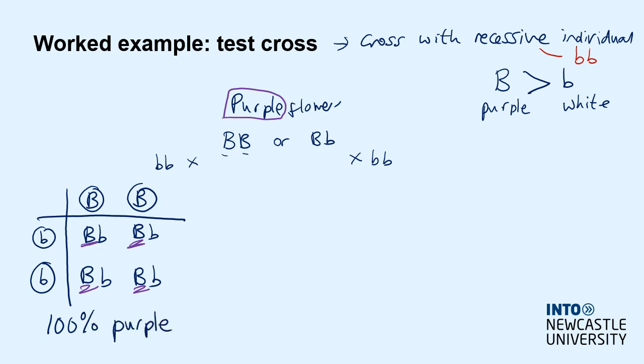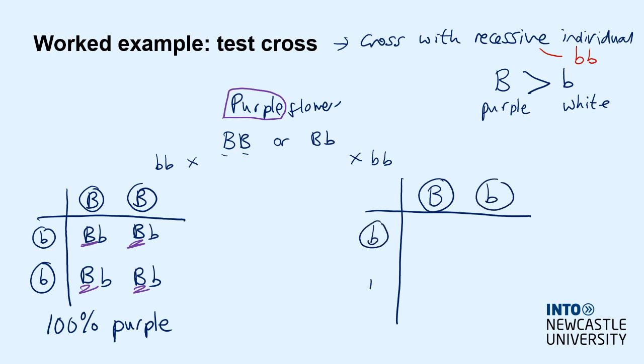What would happen though if the individual was heterozygous purple to begin with? So let's have a look. Again, a nice Punnett square. Again, we've got big B, little b heterozygous, and we're mating it with the homozygous recessive individual. So we're going to write down our predictions like this. This is just a monohybrid cross. Then we look at what we've got, and if it has a big B, it's purple.